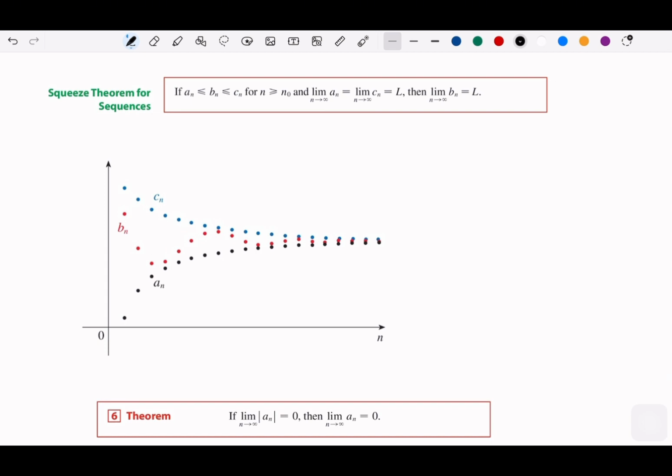Another theorem is this: if the limit of the absolute value of a_n is 0, then the limit of a_n is 0. I think that's all for the introduction to sequence limits.